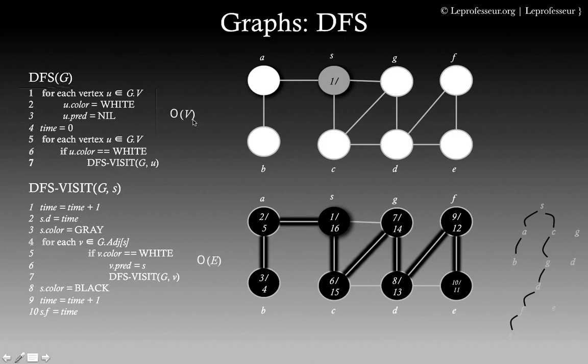Then the lines in the DFS visit algorithm, where we are recursively visiting, say 5 to 7, will take in the order of E, whatever number of edges you have. So the overall complexity for this algorithm turns out to be the same as BFS, V plus E.